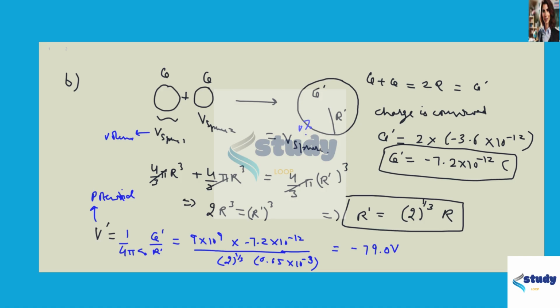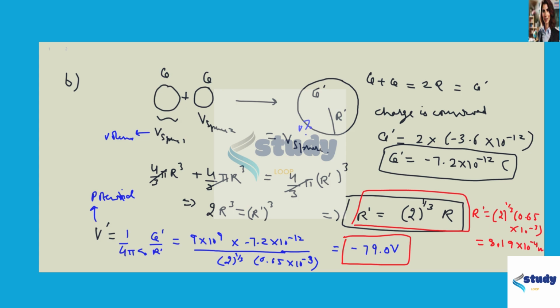So we have found out all the parts of this question. So that's your new potential, 79.0 volt with the minus sign, and that's your radius. So radius r prime is equal to 2 power 1 over 3 multiplied by 0.65 into 10 raised to minus 3 meter, which is equal to 8.19 into 10 raised to minus 4 meter.